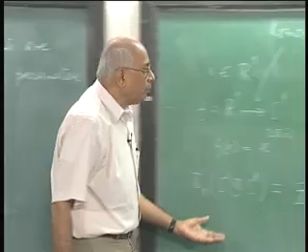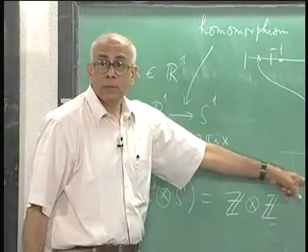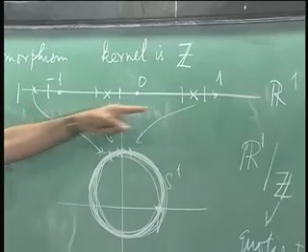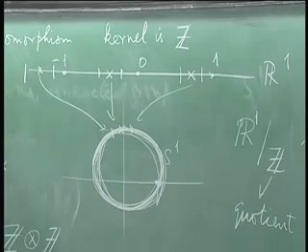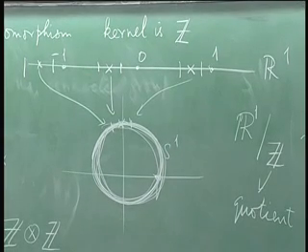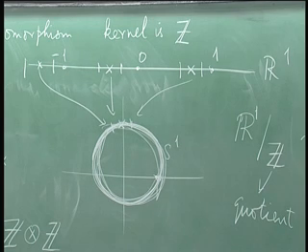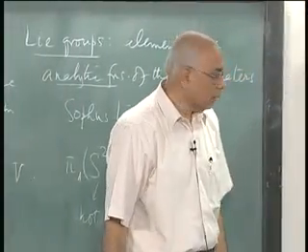But you can do the same thing that you did for this fellow, namely you can unroll this, imagine this guy here rolling on that, and then of course every point here gets mapped there many times, that is why it is a homomorphism. You can do the same thing with this torus S1 cross S1, it is called the 2-torus, T2.